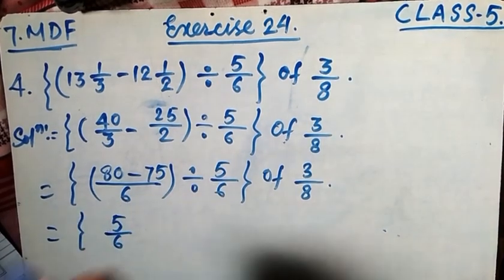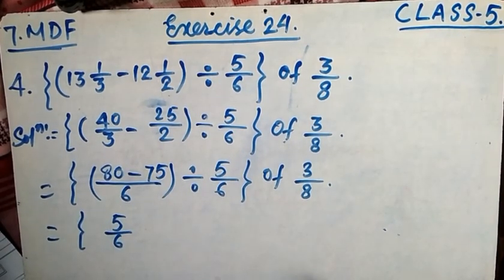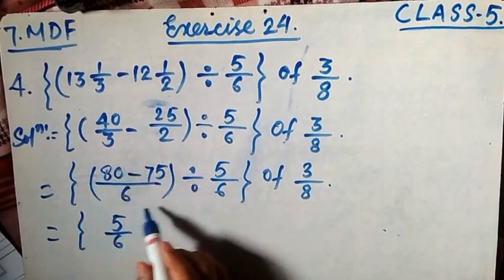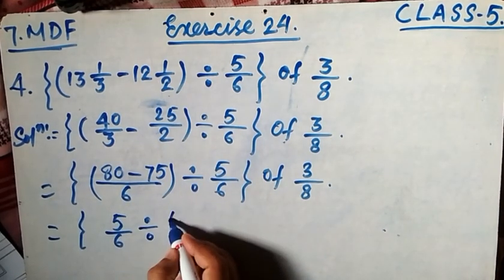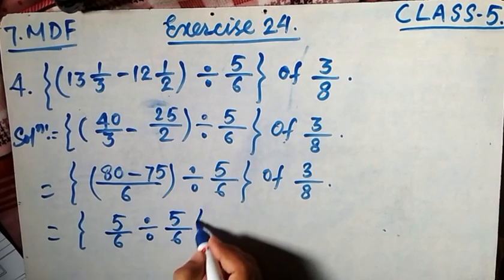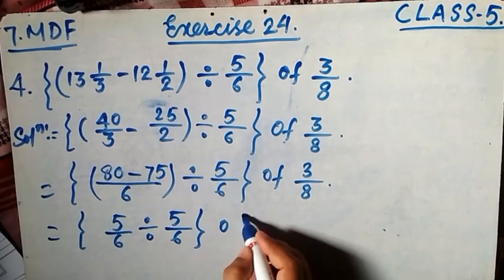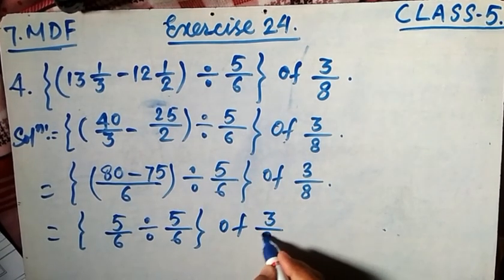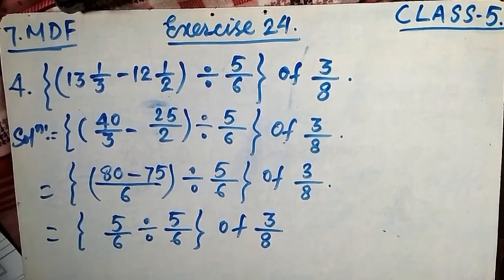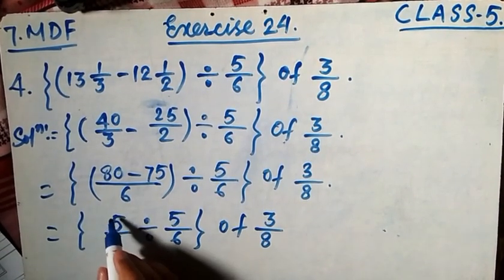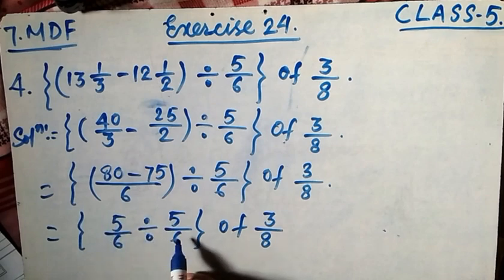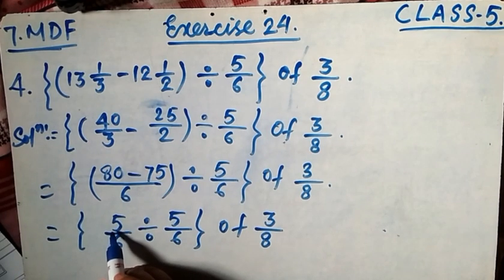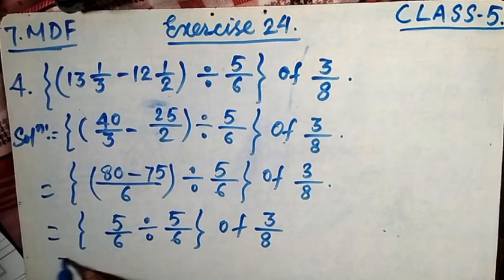And remove the small or round bracket. Why? Because we have already done this. Now write as it is, here 5 by 6, close with curly bracket, OF of this as it is. Here see, the same fractional number divided by the same number gives us 1.